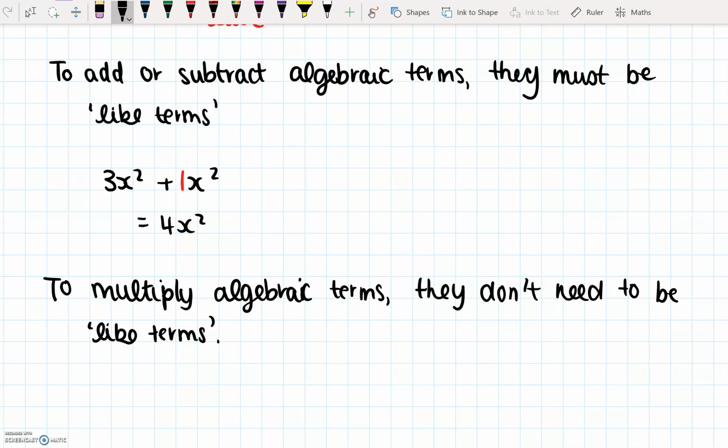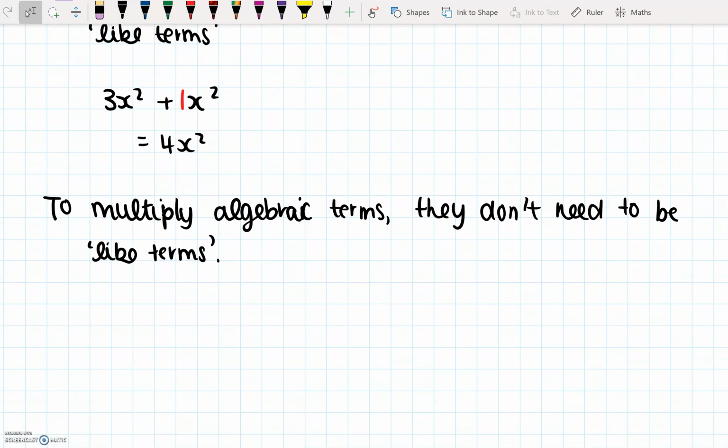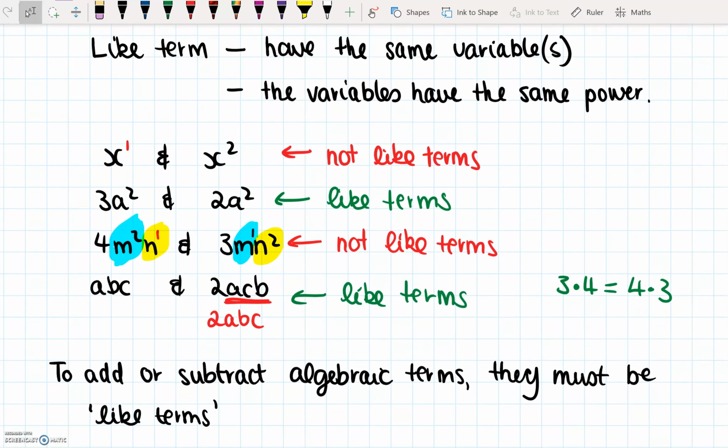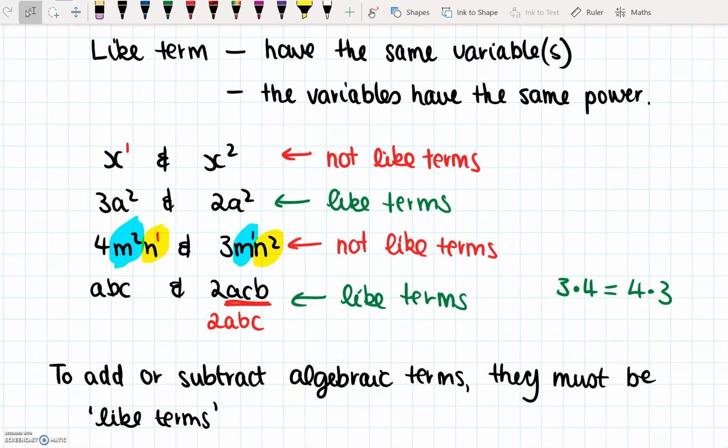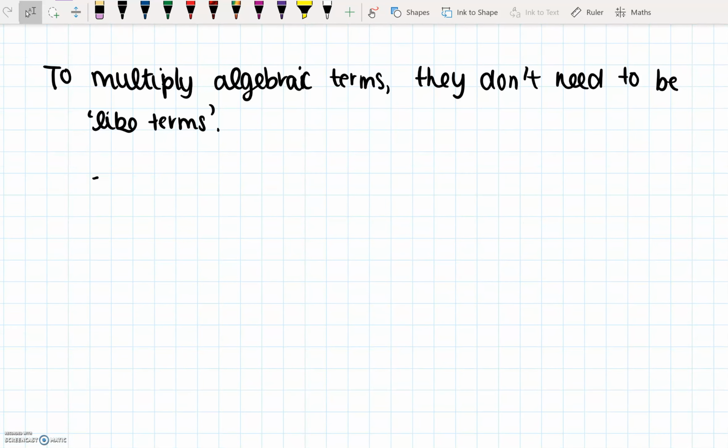So they don't need to be like terms if we're going to multiply. Let's use an example: 3a squared times 2b cubed. These don't have the same variable and they don't have the same power, so they're not like terms, but we just multiply the numbers.